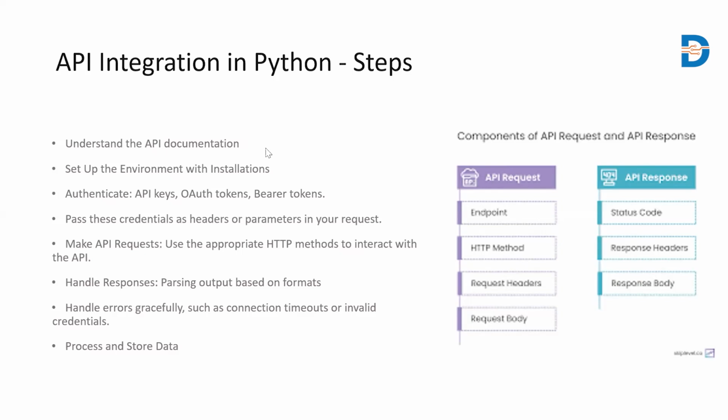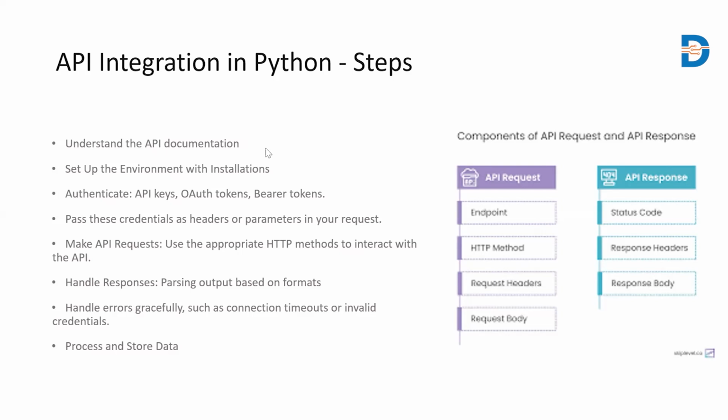Also, the parameters, headers, and authentication requirements of this API, and the structure of the response, and how do we parse it. Now, after that, the next step would be setting up the environment and installing necessary Python libraries, such as your requests library, your urllib library, etc.